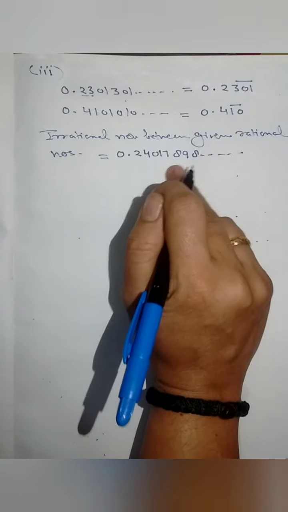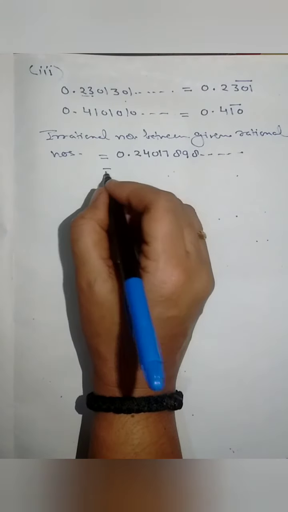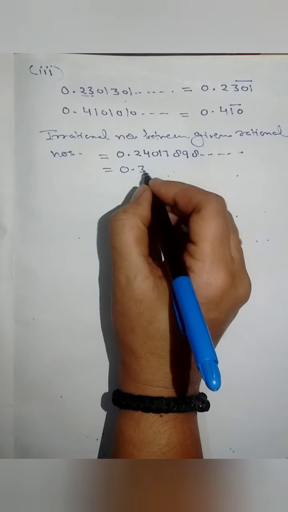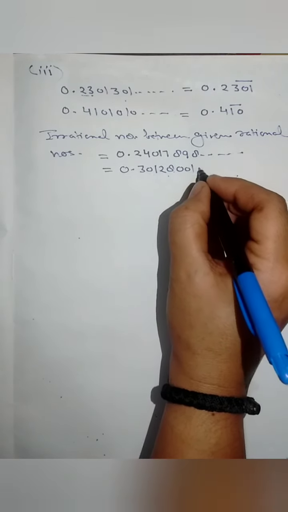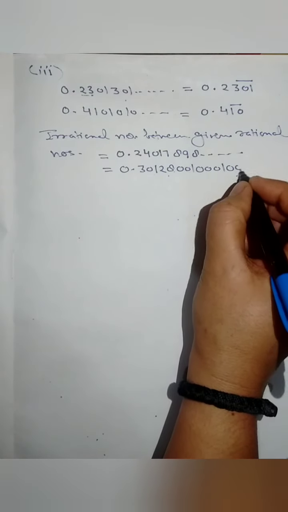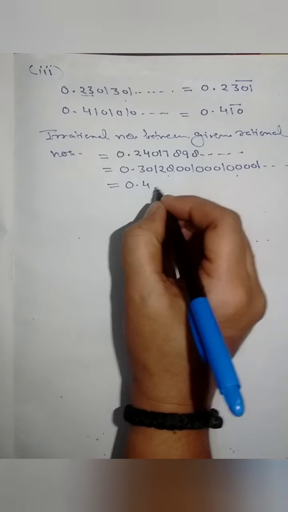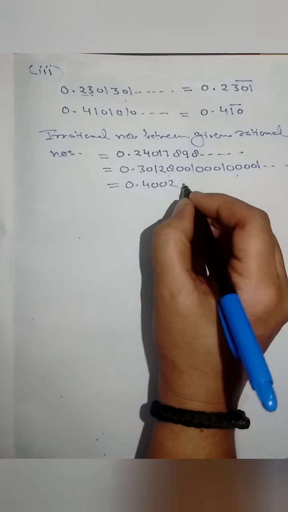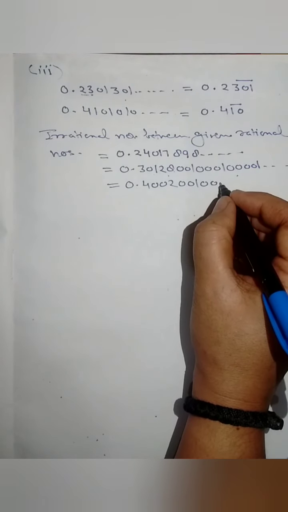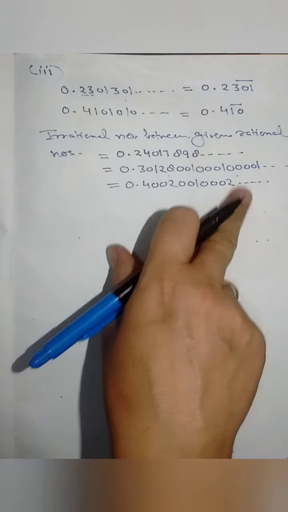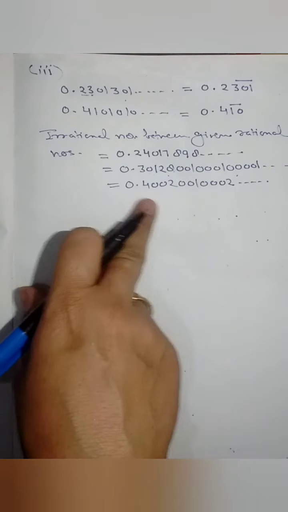There should be no repetition of digits. Again we can write 0.30128001 0001 and so on, or we can write 0.4002001 0002 like this. All these are irrational numbers between the two given rational numbers.